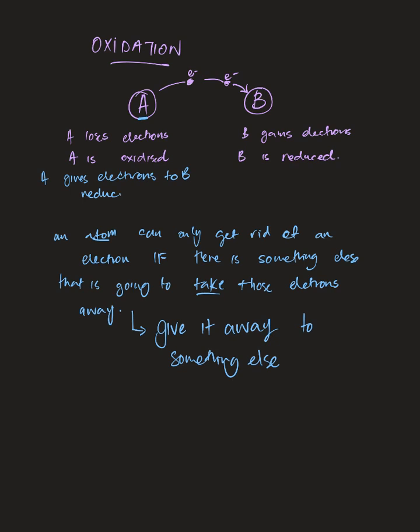So at the exact same time, let me just put some bullet points here. B takes electrons from A, right? And if it takes the electrons away, it ends up oxidizing it.